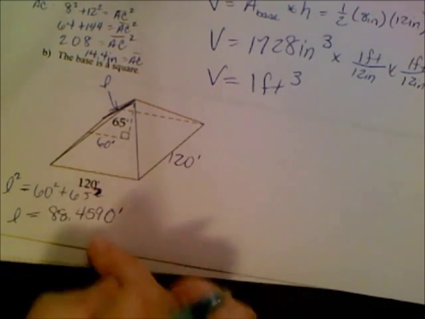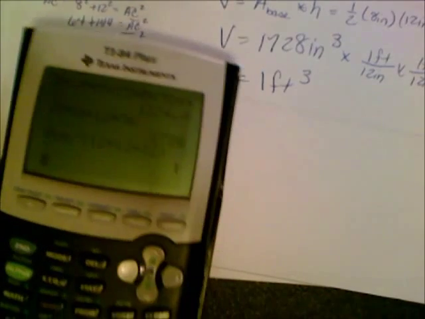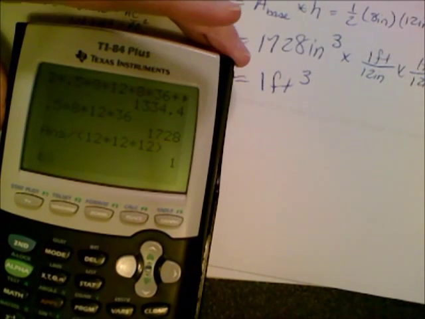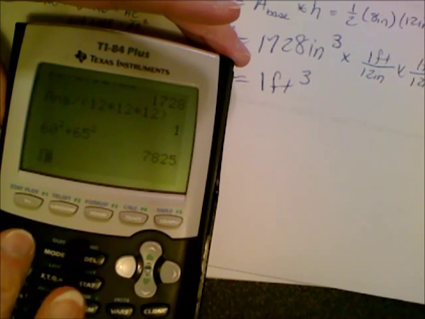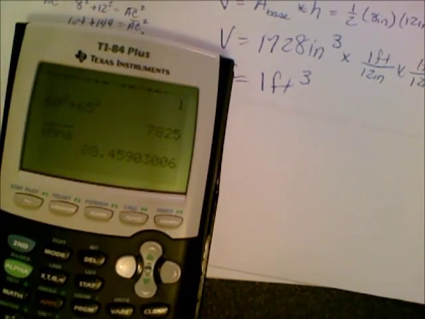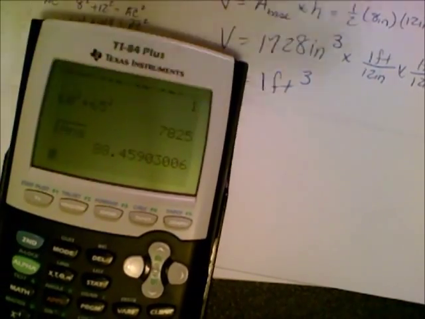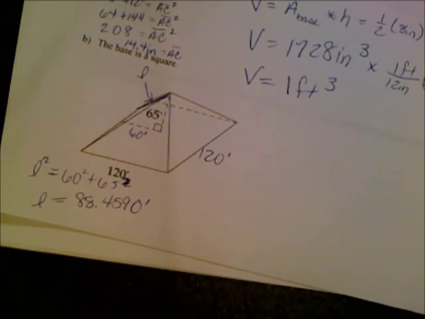And I'm going to leave that for you to plug into your calculator and come up with the answer. The way that I would do it is, if you have your calculator, I would do 60 squared plus 65 squared, and then I do second square root, second answer, and hit enter, and that tells me the answer. Okay?